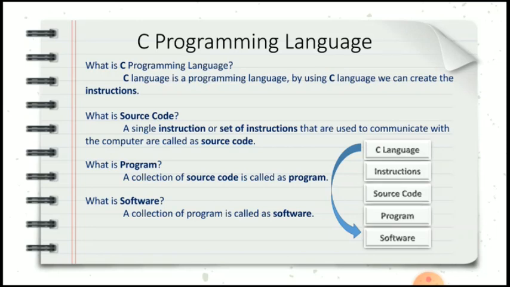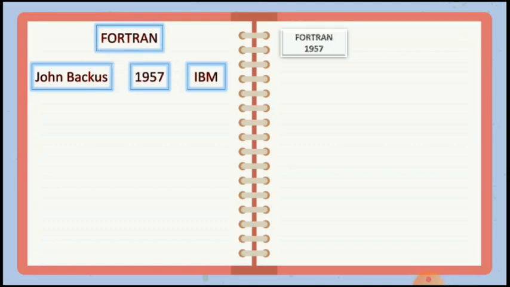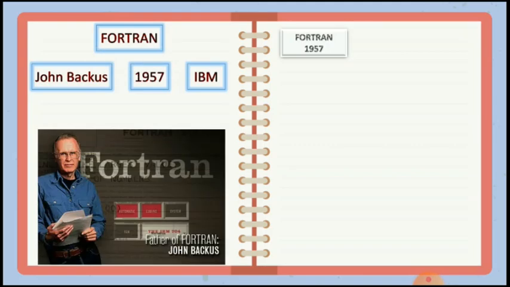Now we will see history of C language. Fortran is the first programming language, created by John Backus and his teammates in 1957 at IBM. Fortran stands for Formula Translation. The main purpose of creating this language is for mathematical and scientific calculation.